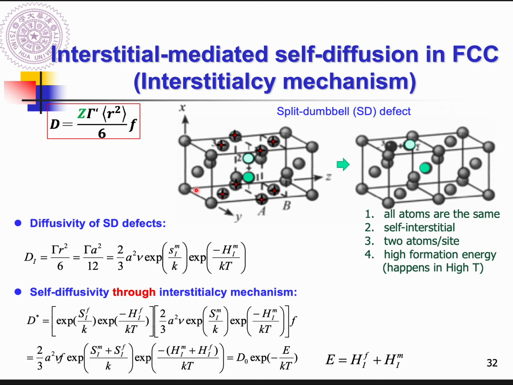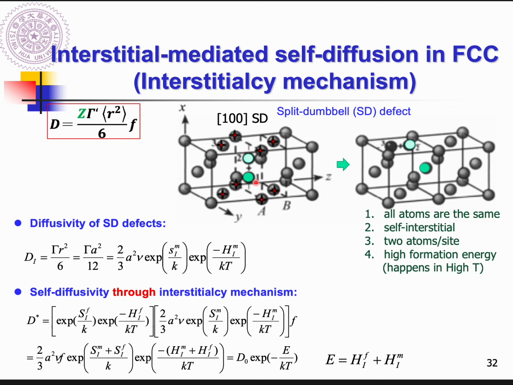This is X, Y, and Z. So based on this, we observe that there are 2 atoms sharing one lattice point, and the long axis or the linker between these atoms is along 100. So we call it a 100 split dumbbell defect. SD is an abbreviation of split dumbbell.